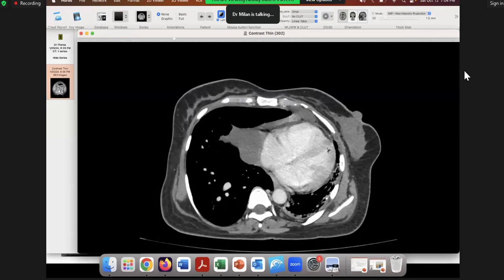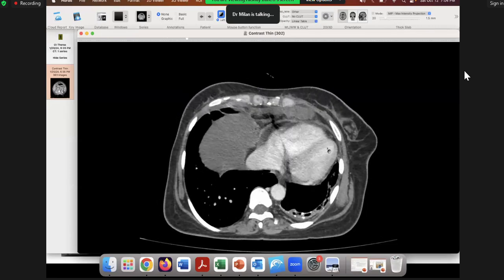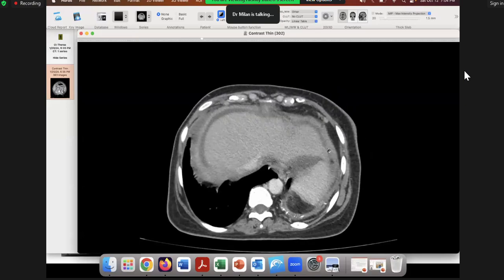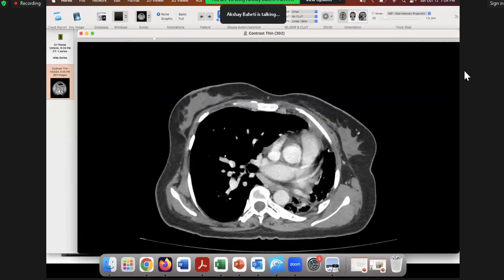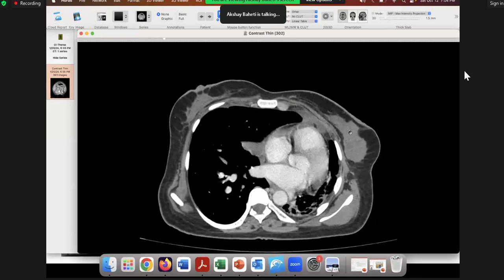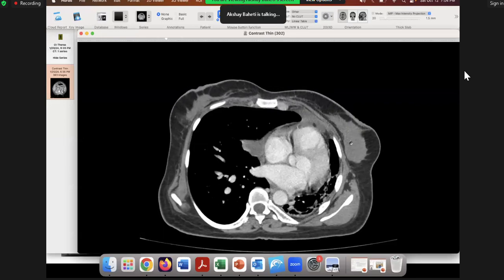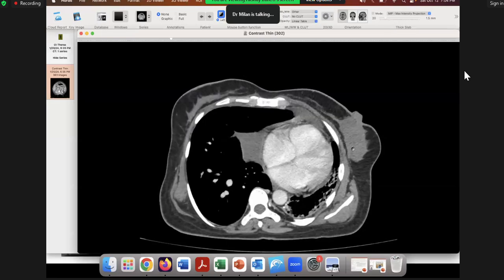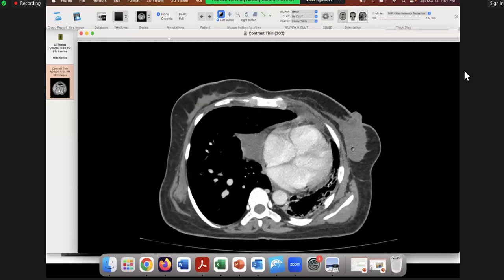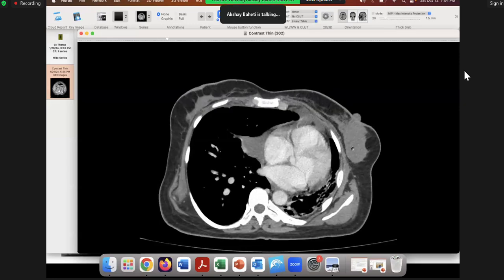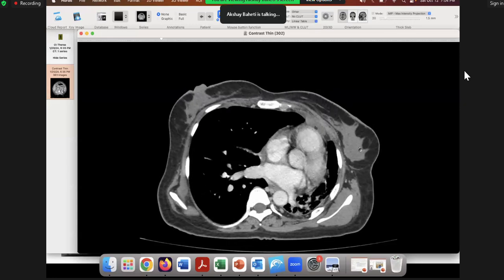So there is a hypoenhancing soft tissue lesion in the left breast. You're talking of this, or what are you talking about? This soft tissue here? Yes, sir. So you look at the other breast as well, and do you see something like that? Maybe not, it's asymmetric, I agree. But do you see a mass here?